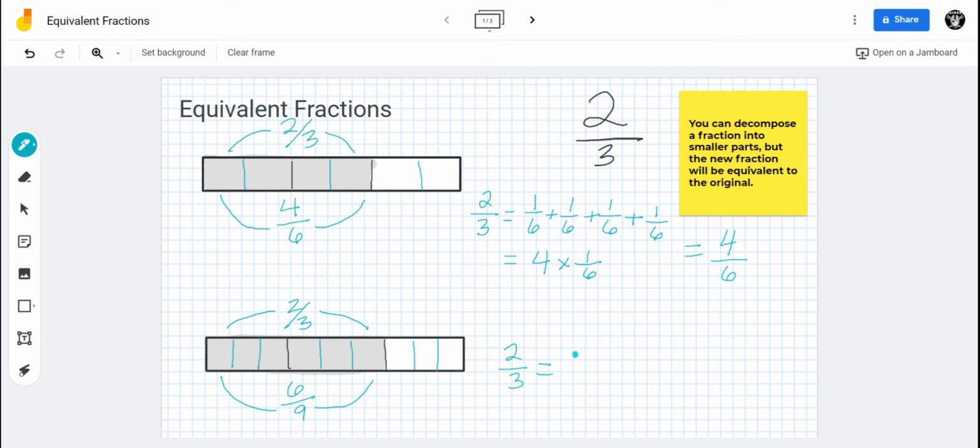Or we could do it the faster way and say that it is 6 groups of 1/9, right? And that will give us 6/9. So there you go, ladies and gentlemen. That's how you can decompose a fraction in a tape diagram or in a fraction bar and create equivalent fractions.